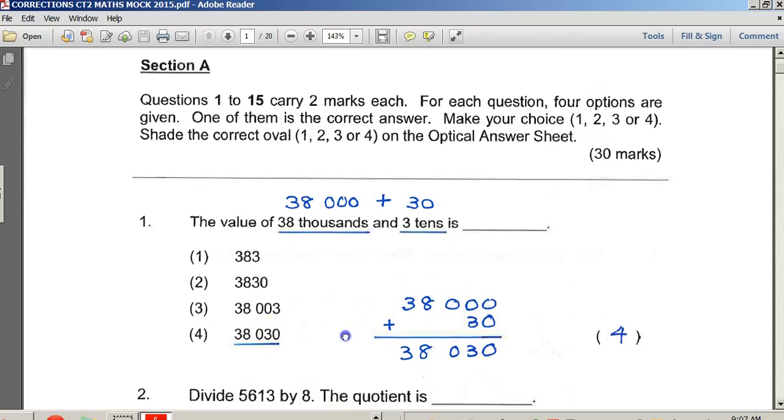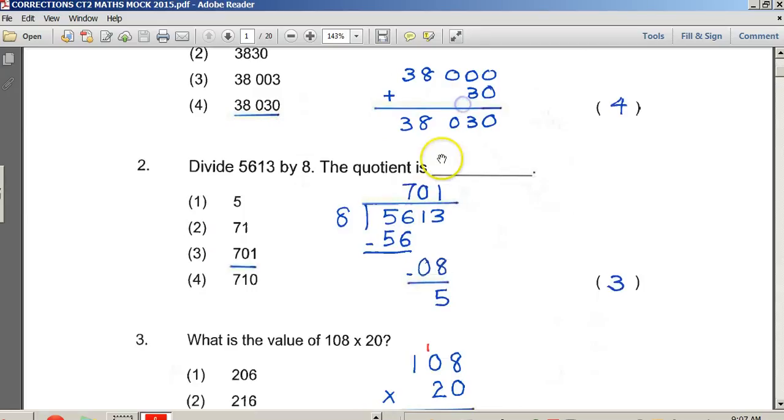All right, for here. Now next, division, divide by 8. 5 cannot be divided by 8, so we get 56. 56 is 7, 7 times 8 is 56, right? Then later on, in the 13 itself, take a look at 13.